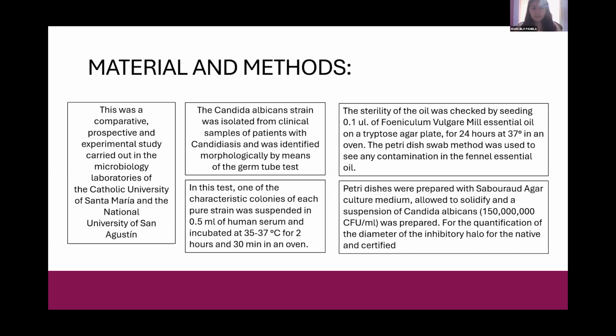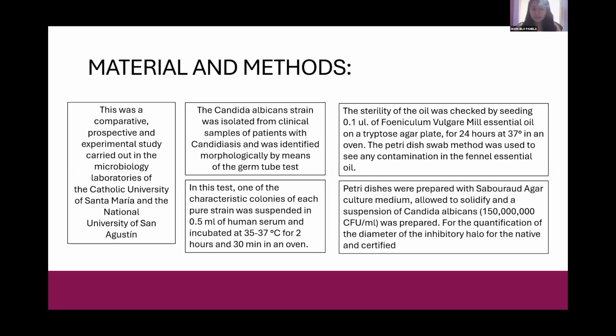The petri plates were prepared with Sabouraud agar culture medium, allowed to solidify, and inoculated with the suspected strain of Candida albicans. 115 of medium was prepared in each petri dish.